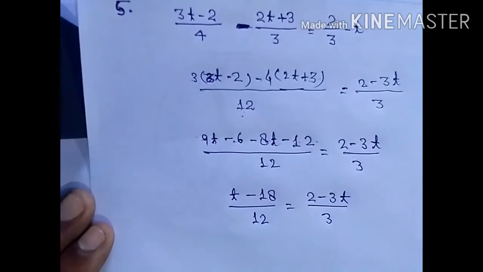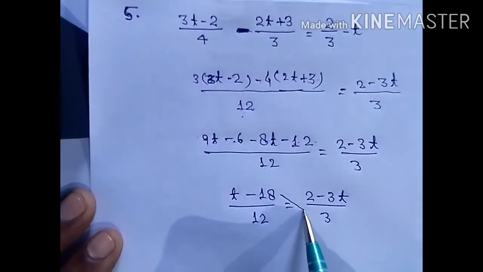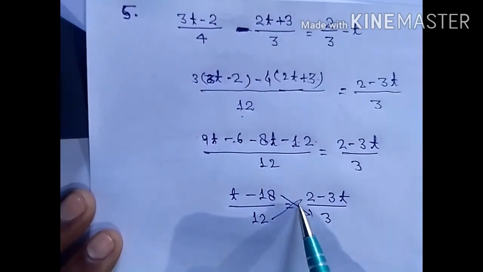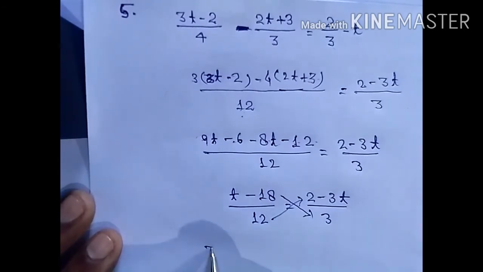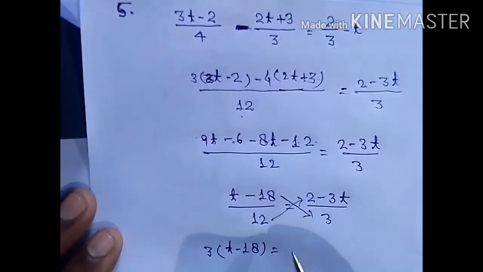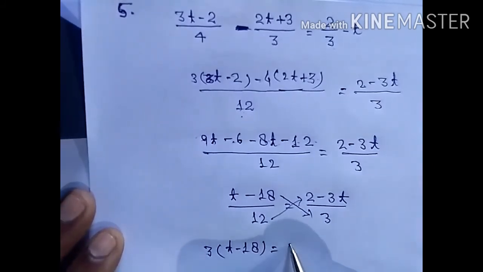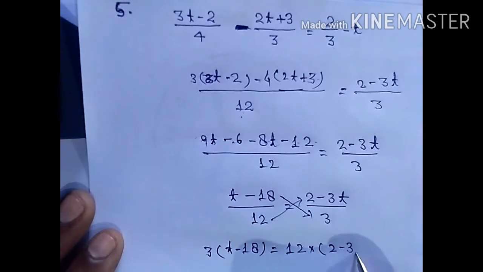Now we have to cross multiply it. Students, we will cross multiply this equation, this one by 3 and this one by 12. So this one will be 3 into t minus 18 is equal to 12 into 2 minus 3t.